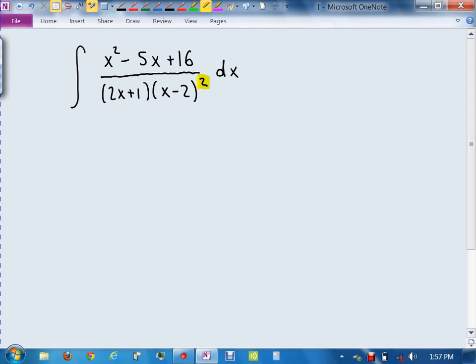The power of the numerator is 2, right? The degree. Now the denominator it's not multiplied out yet, but if you did, you would get a cubic, wouldn't you? Because you would take this first and you would square it, which would give you a quadratic. Then you would hit it with that 2x and it would become cubic. So the bottom has a degree of 3, top is 2, so no long division required, right?